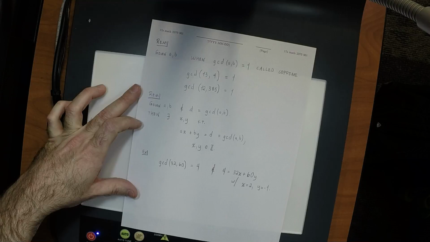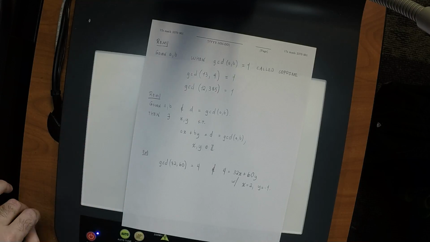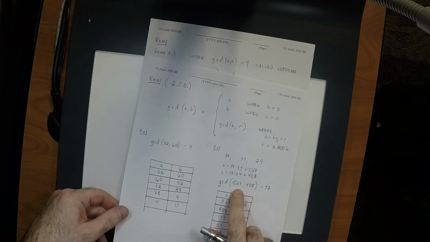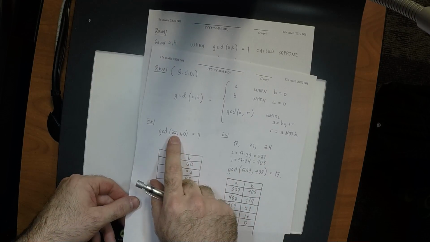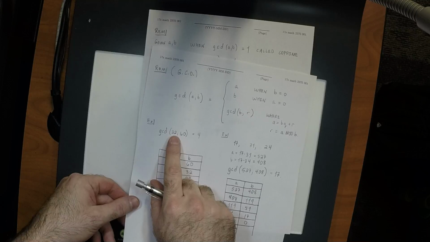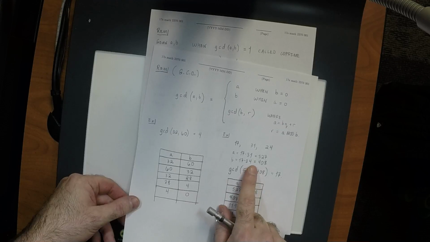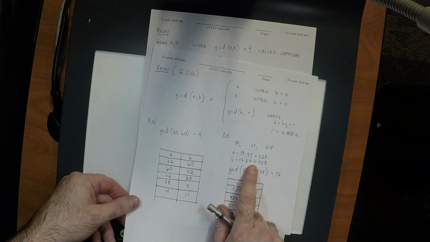Okay. So now what we want to do is we want to be able to compute such an x and such a y. Here, the problem is small enough that you could probably do it in your head. Two 32s and negative 1 60s will do it. But to me, honestly, it's less clear for larger numbers.